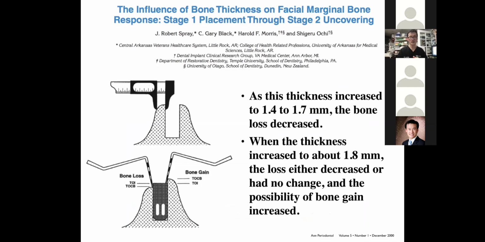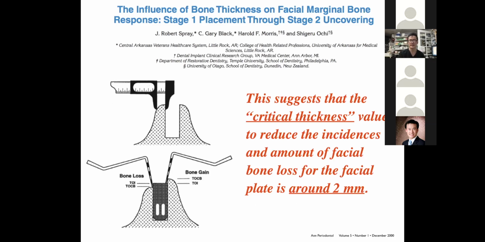They did not load the implants. They basically placed the implants, submerged them, and then brought the patients back for a second stage uncovery. And at the time of uncovery, what they noticed was that if the critical number was not 1.8, it tended to lose bone without even loading the implant.